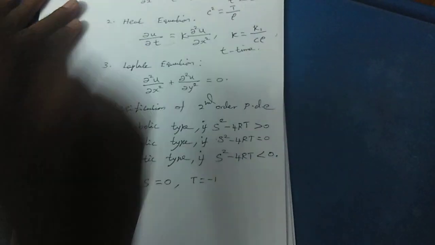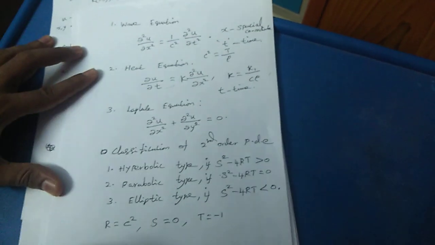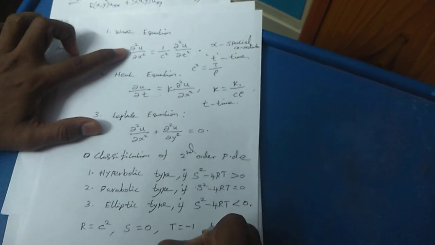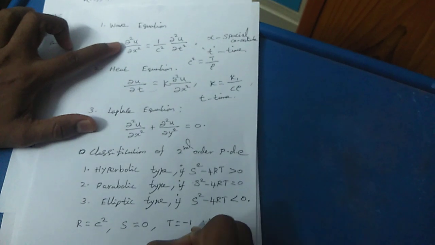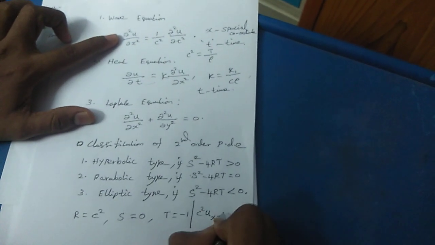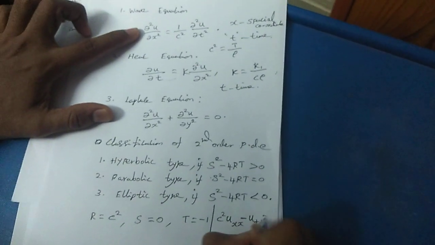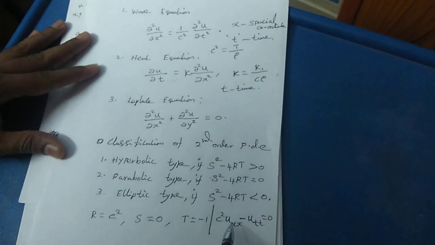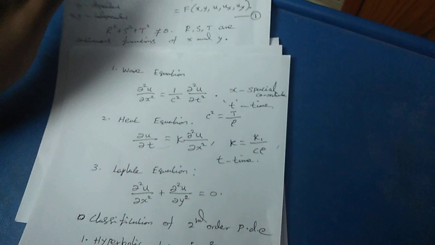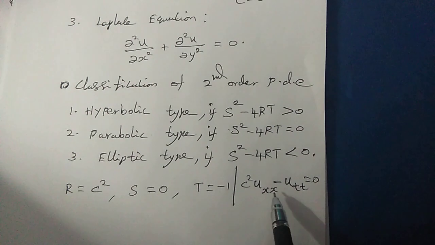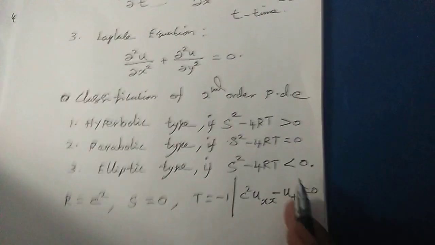So let me rearrange the wave equation: c² uxx − utt = 0, right? Comparing with the general form, R is c², S is 0, and T is −1.